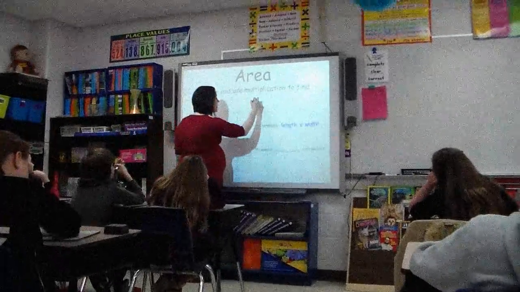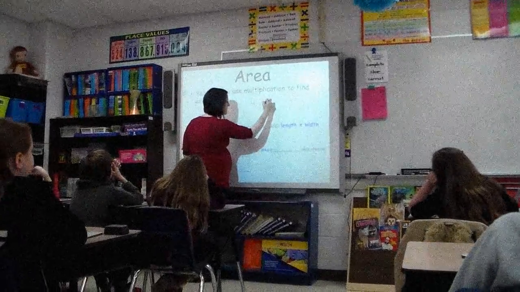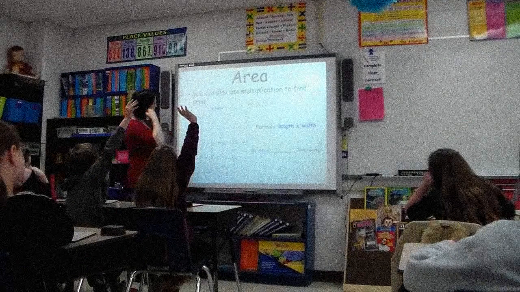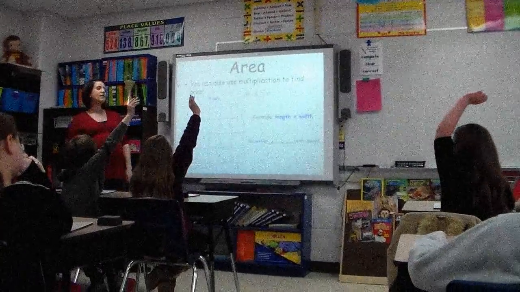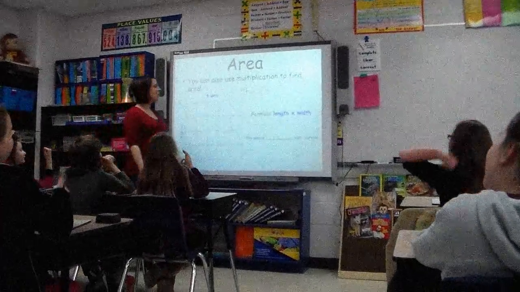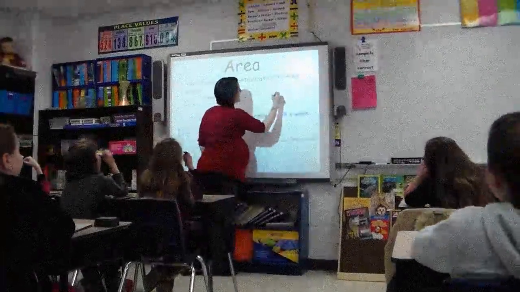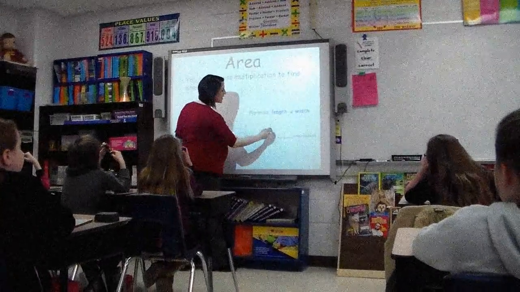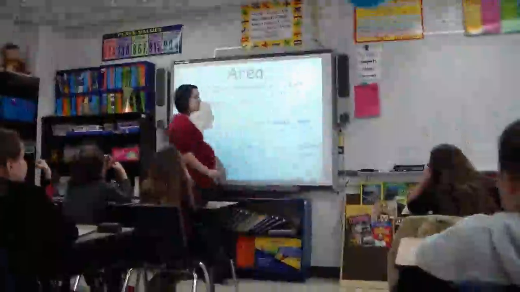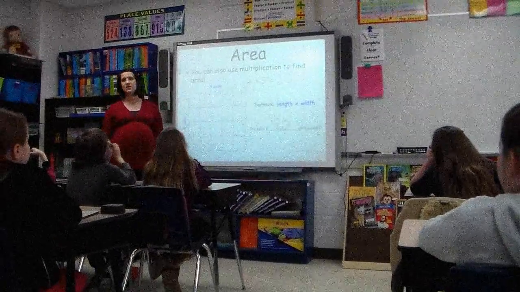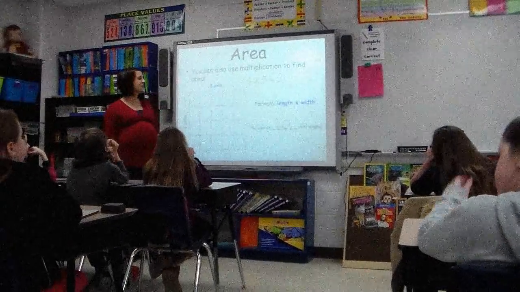So what is 4 times 5? Everybody. 20. So the area of this shape is 20 units squared. Pretty easy, right? Yeah. Length times width.